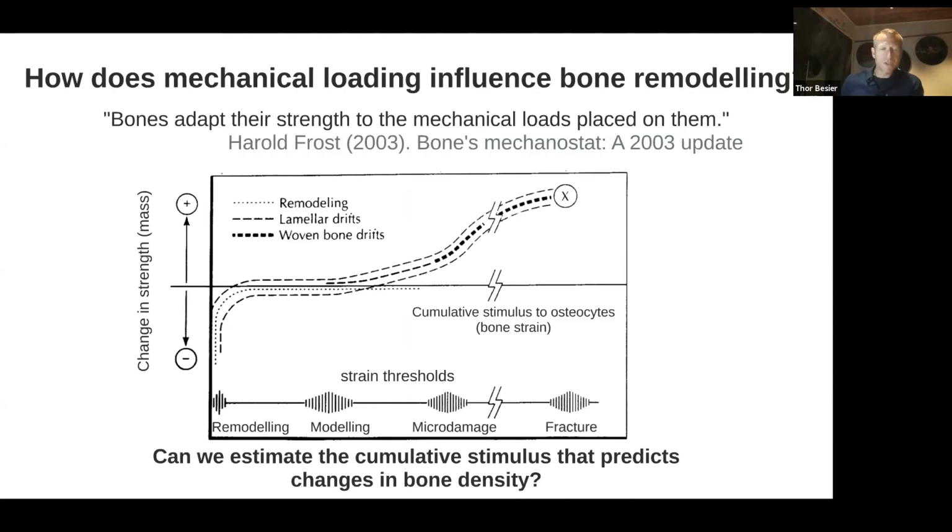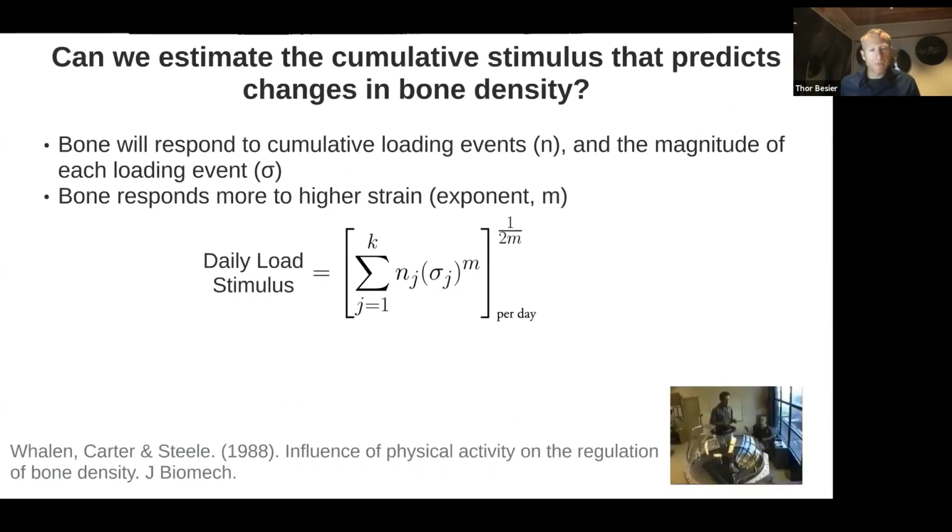So one question that arose from this work is, can we understand what kind of stimulus really is applied to bone to predict changes in the density of the bone? For this, I'm going to refer to some work from Rob Whalen that he did with Dennis Carter back in the 1980s.